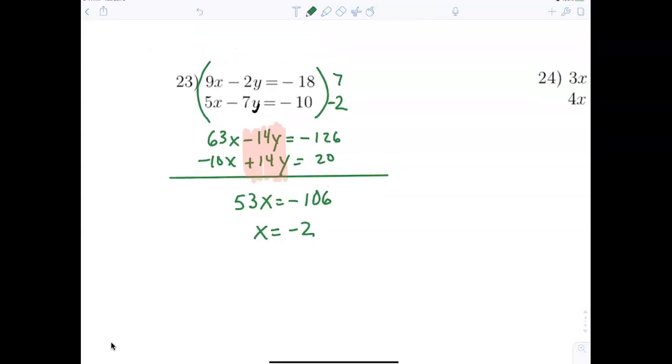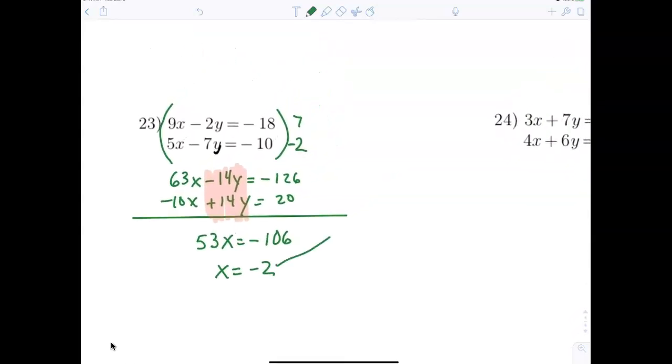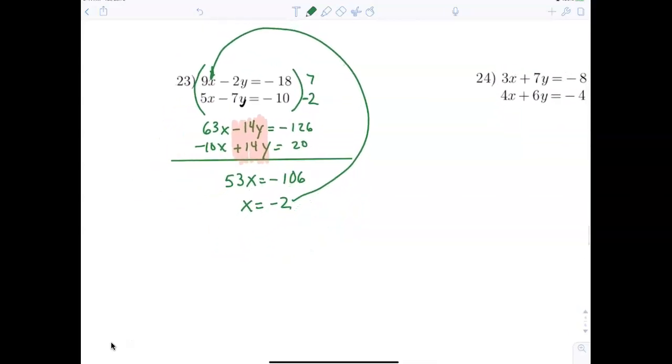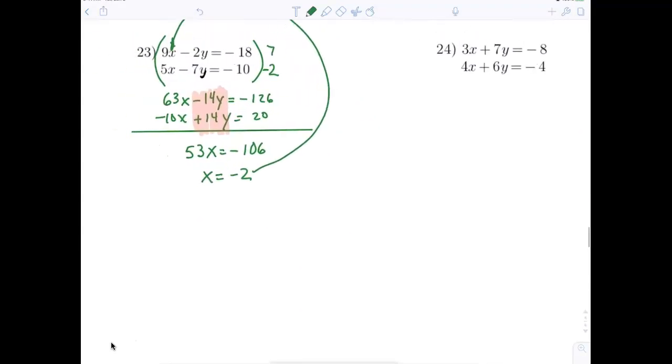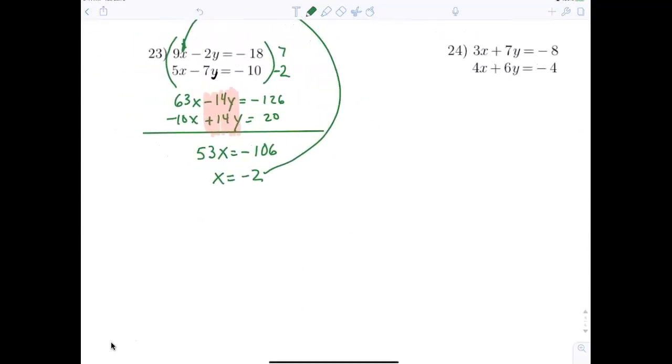All right. So now wherever you see an X, put in negative 2. Hold on a second. What type of 18? Yeah, negative 18 means 0. Right?